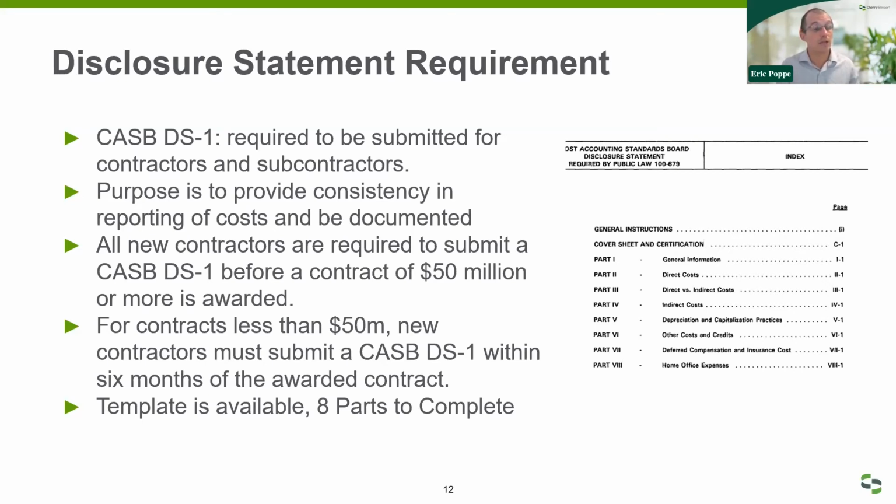So in the event that you have audits after you have CAS covered contracts, they go back to that disclosure statement, in comparison to what you proposed or how you're accumulating, to see whether, as a contractor, you are consistently accumulating and allocating costs per your disclosure statement, and also per the applicable regulations. So it is a disclosure of your cost accounting practices in those different parts.